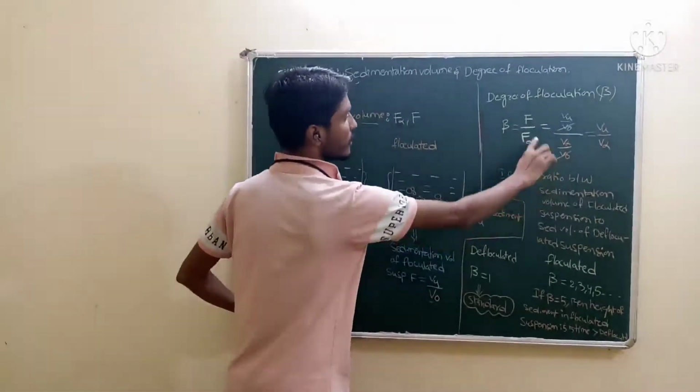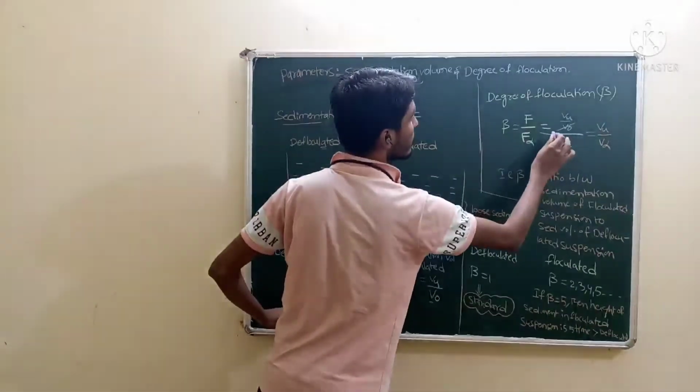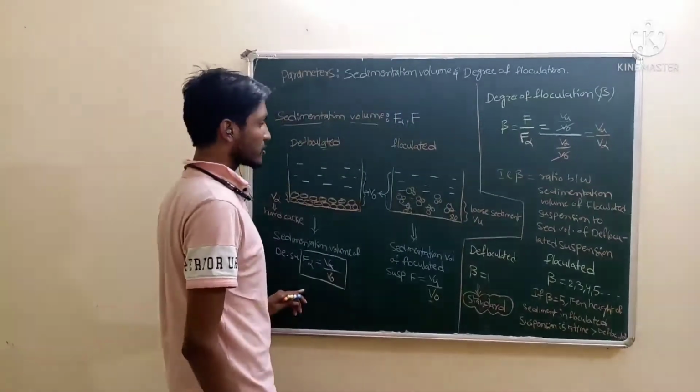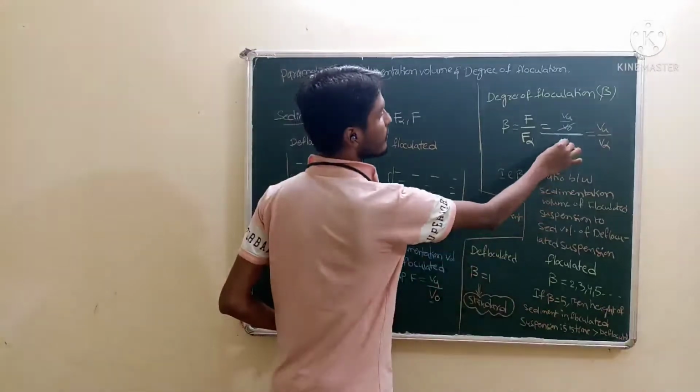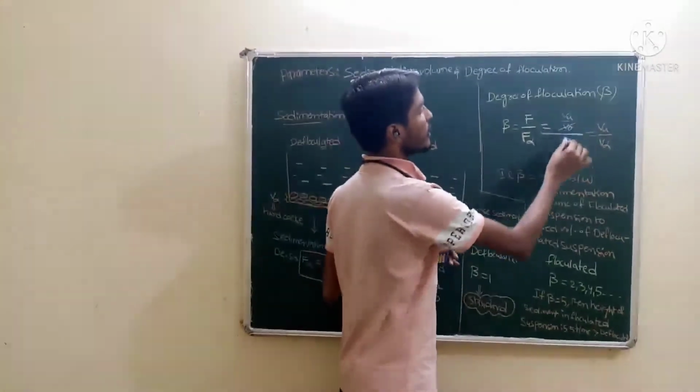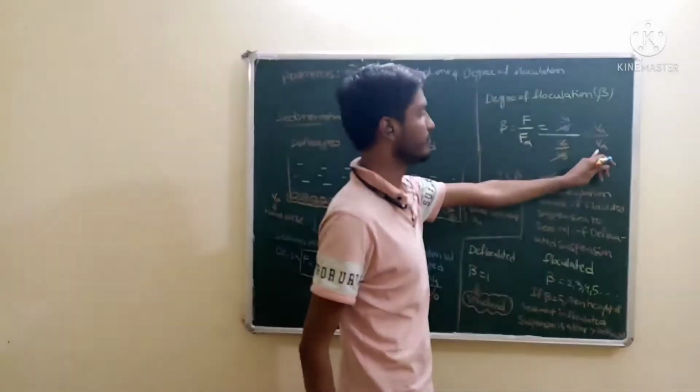Vu by V0 divided by Vα by V0. V0 and V0 cancel, leaving Vu by Vα.